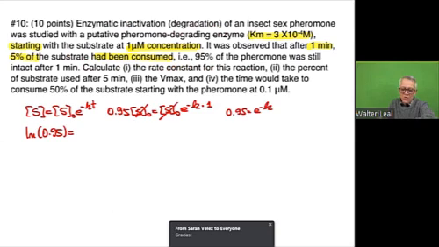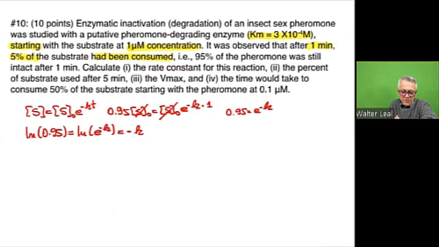We take the natural logarithm of both sides. And then we know that the log of e to the minus k is minus k times log of e, and log of e base e is 1, so it's minus k. So therefore k equals minus the logarithm of 0.95, which is, from the calculation, 0.051.